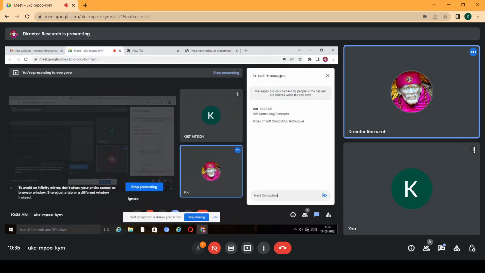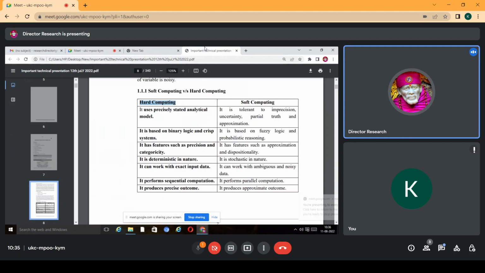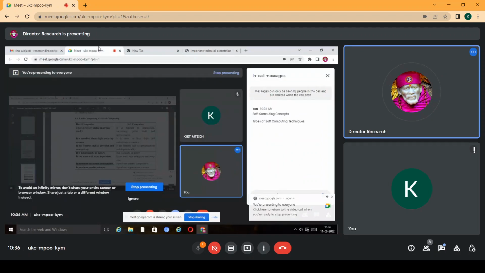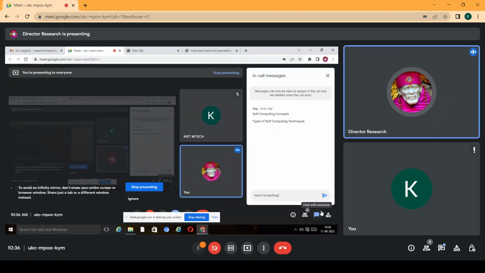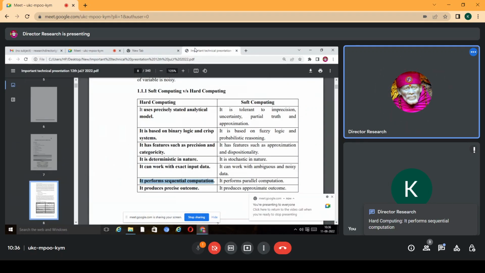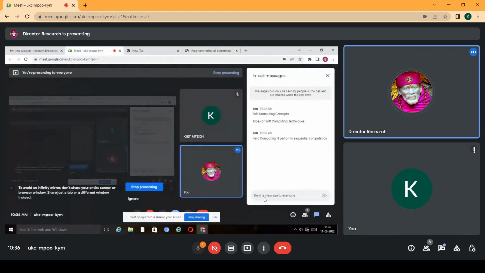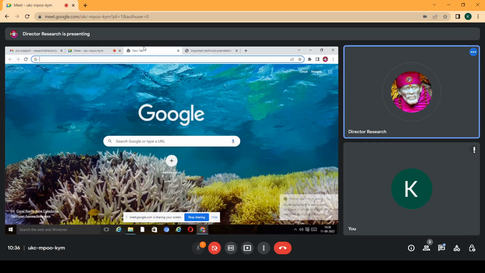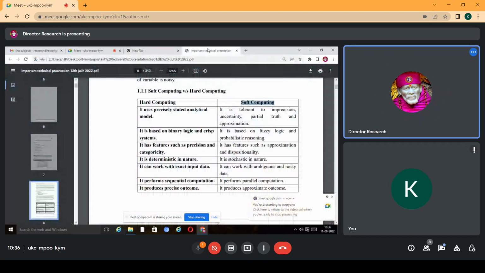In hard computing, it performs sequential computation, whereas in soft computing, it performs parallel computation.